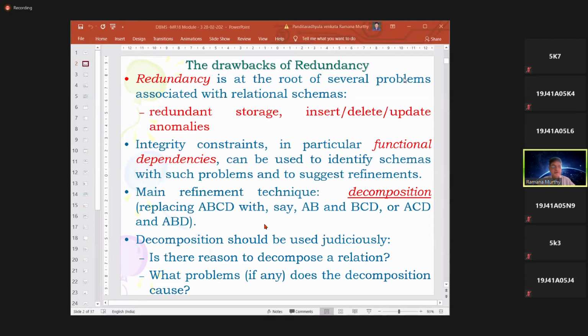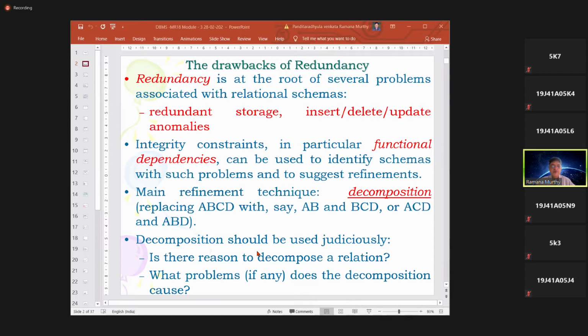What happens if a value is in one table, how to add it in another table, or what happens if you delete at one place but leave it at the other places. That we identify with integrity constraints. But the way we want to define the integrity constraints, in particular, functional dependencies can be used.